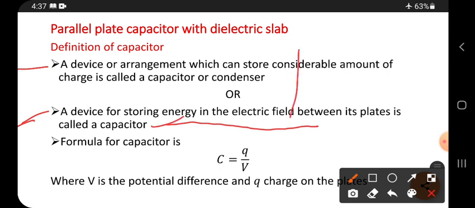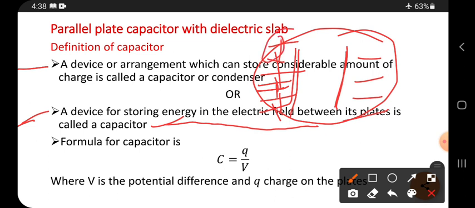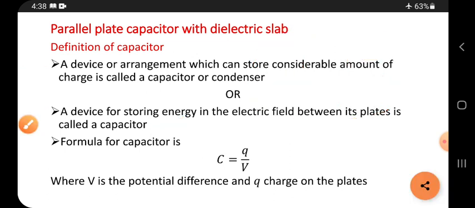There are two plates, one plate and another plate, and one type of charges is kept on one and opposite charges on the other. How much charge it can store is its capacitance. Charges are stored, which means it is storing electrical energy, so a capacitor can store electrical energy.